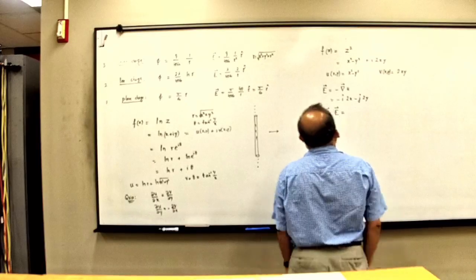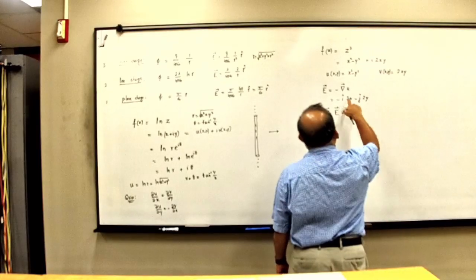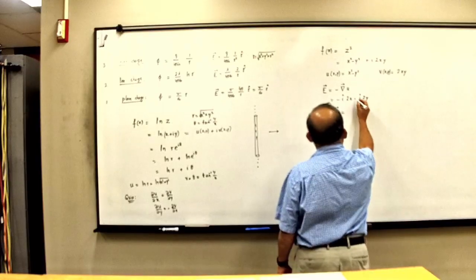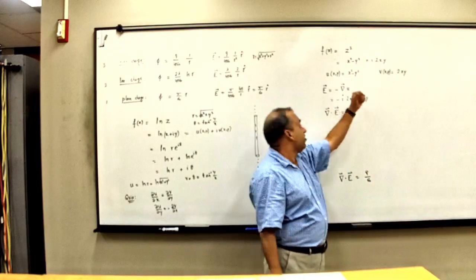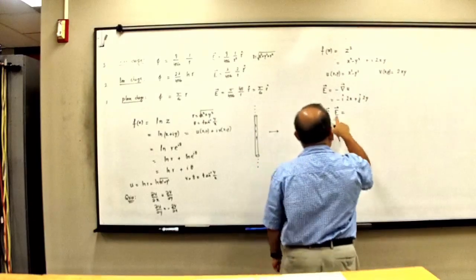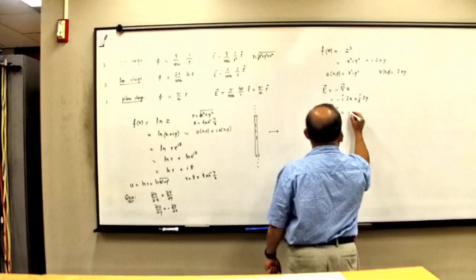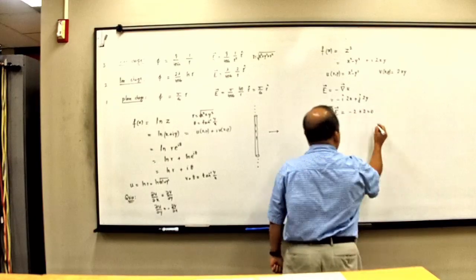So I can evaluate. I'll dot it with E. I made a mistake, because this should be plus, because of the minus sign here. So that's 0 plus 2y. So divergence is minus 2, correct? And plus 2, that's equal to 0.